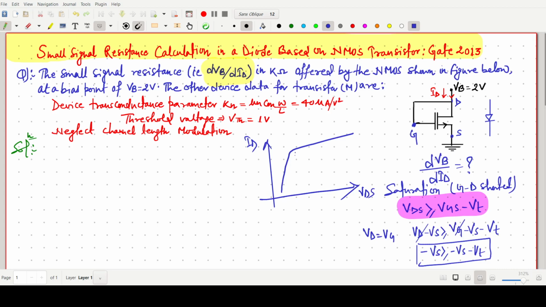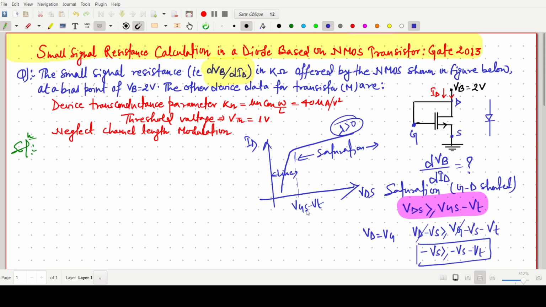This point is nothing but simply VGS minus VT. Above this, it should be in the saturation region, and before this, it should be in the linear region. This curve is slightly tilted, so we can say channel length modulation is also there, but for the time being, we have to neglect it.